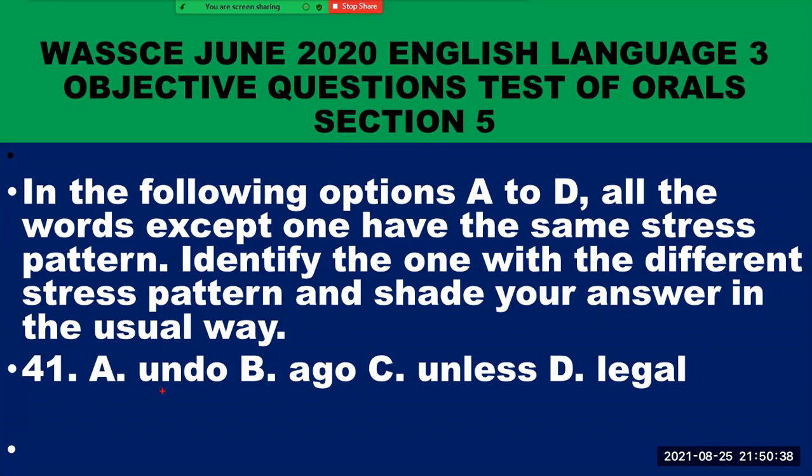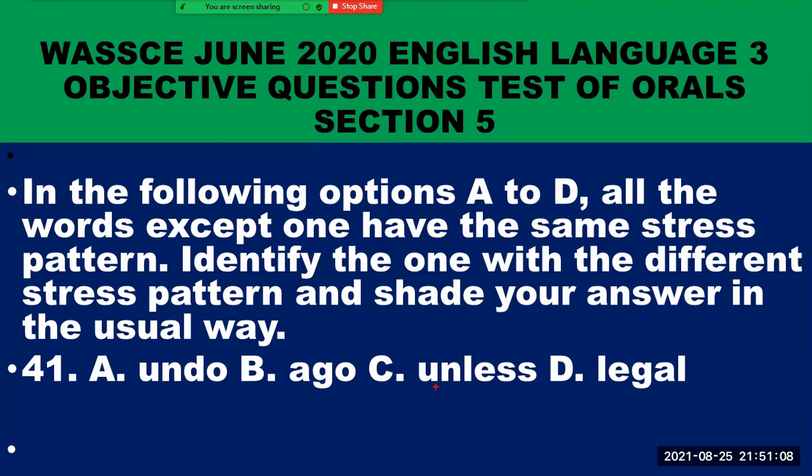Then B is "ago". Again, you see that stress is on the second syllable. So A and B have the same stress. C is "unless". Again, stress is on the second syllable because the first syllable is a prefix.